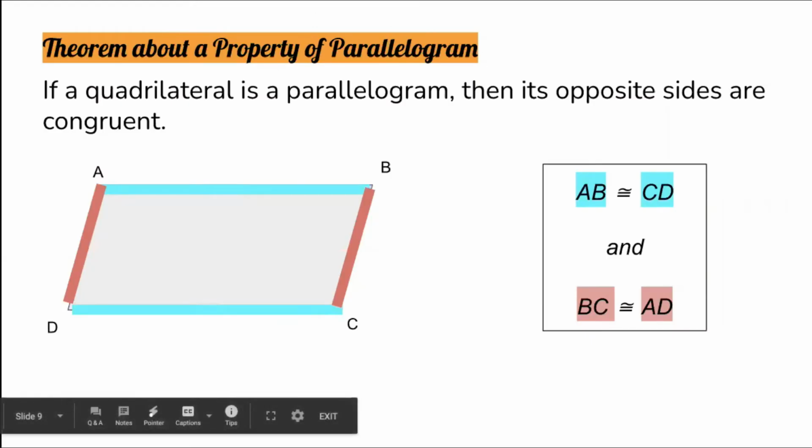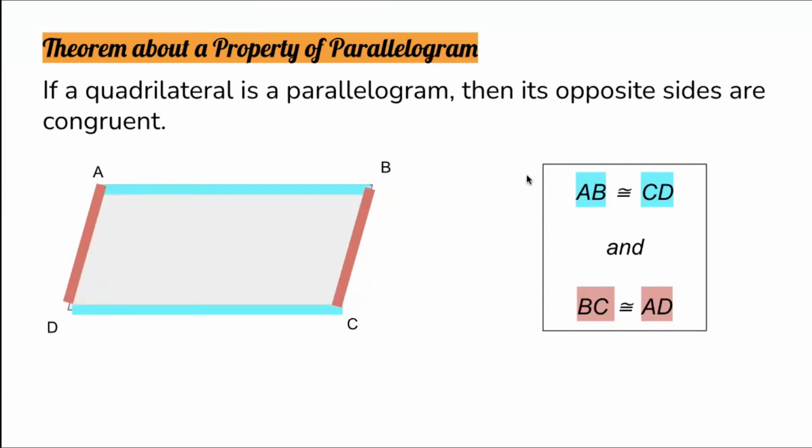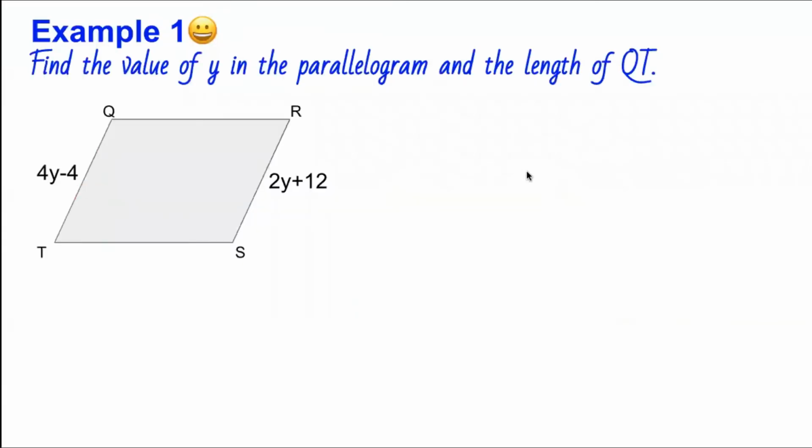All right, before we move on to my next topic, let me go on to the example. So now we have our first example, example number 1. It's asking us to find the value of y in a parallelogram, and find the length of QT. Here we have parallelogram QRST, and we're given only measurements for the segments RS and QT.